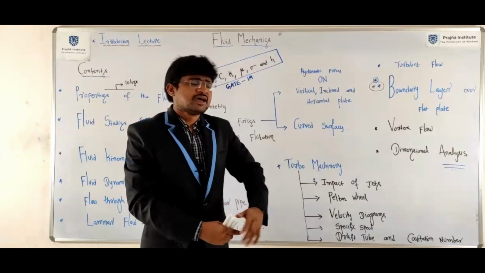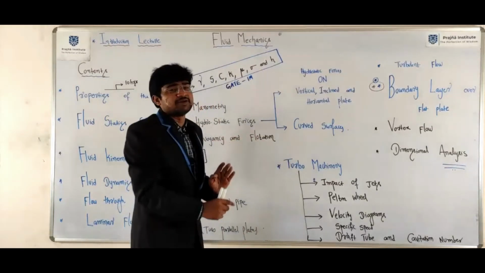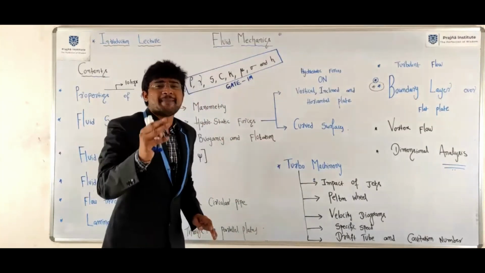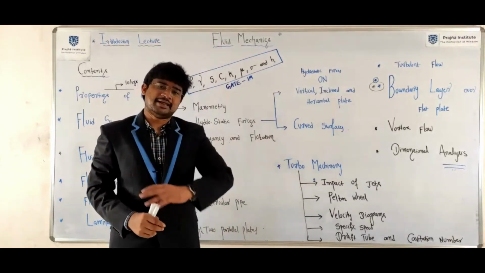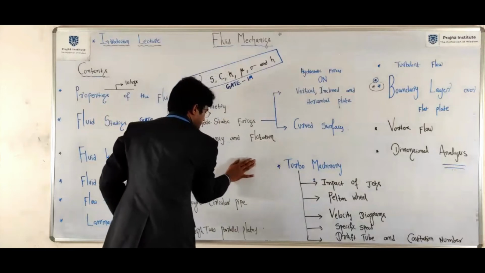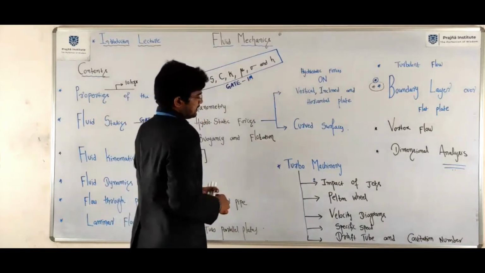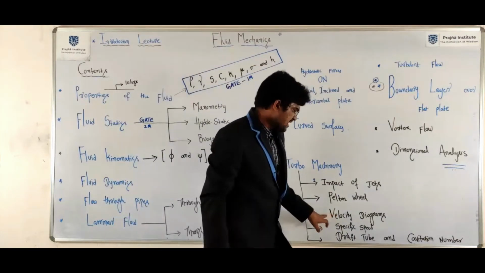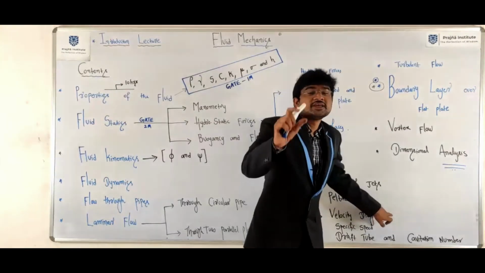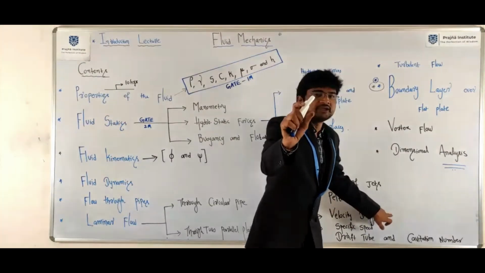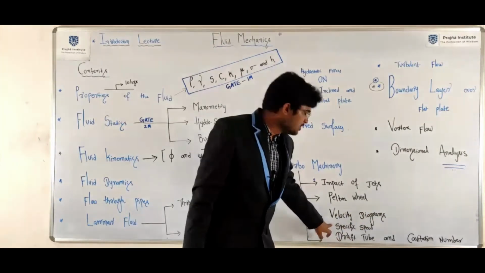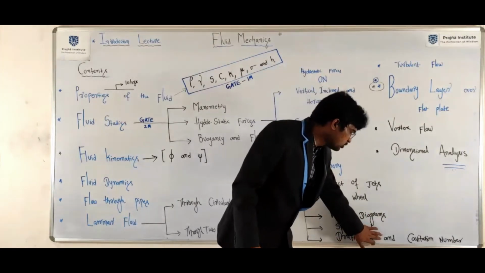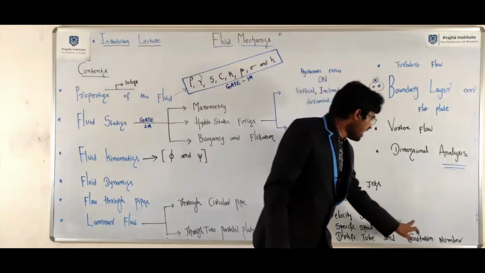Then how to apply the impulse momentum equation to determine the magnitude of force acting on the turbine blade. That is your velocity diagrams along with the impulse momentum equation. In the draft tube, specific speed is a very simple concept, and in the draft tube, how to apply the Bernoulli equation, and the cavitation number.